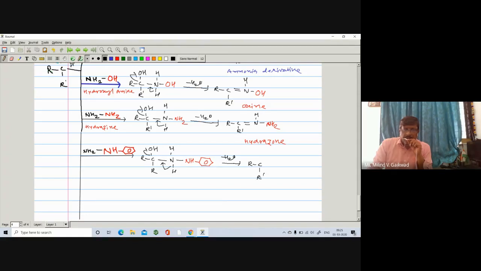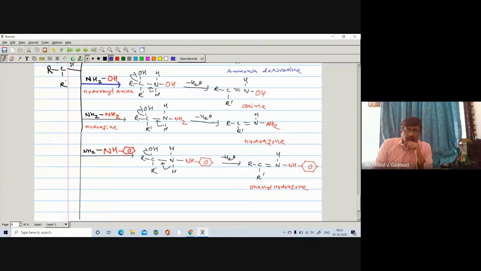Here is R dash double bond N, here is an H, and here you have the phenylhydrazone NH. So you get the phenylhydrazone derivative. Now here only I will make one more example.